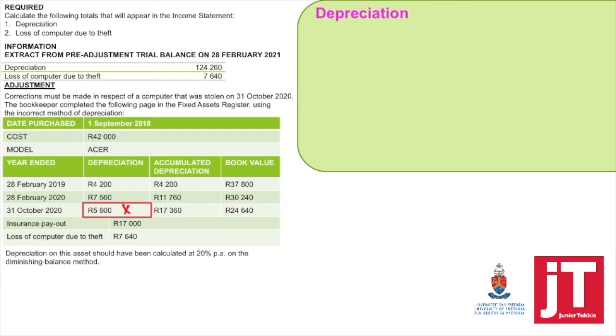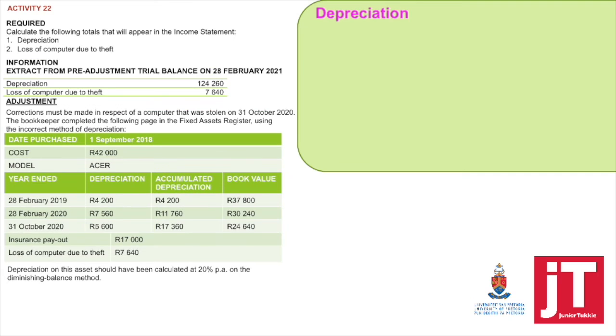If I look at the next activity, this is an example where a correction needs to be made. Calculate the following totals that will appear in your income statement for depreciation and loss of computer due to theft. So what happened here? Corrections must be made in respect of a computer that was stolen on 31 October 2020.